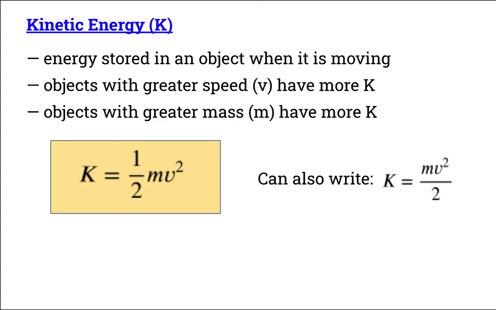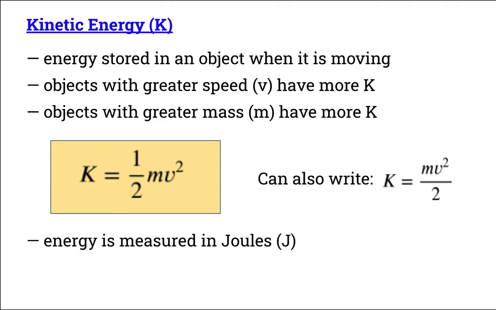So the formula is 1/2 times the mass in kilograms times the speed squared, with that speed measured in meters per second. It's really important that you have those standard units in there, because that together, when you take a kilogram and you multiply it by meters per second squared, that is defined as something called a joule, and that's our standard unit for energy.